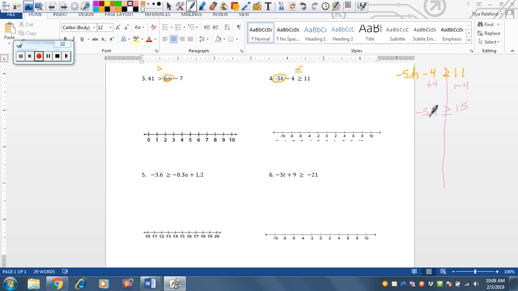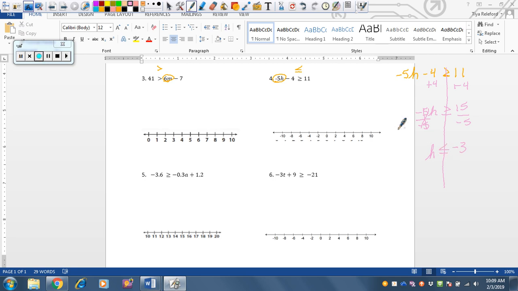I need to divide by negative 5. And I'm going to do that to both sides. When I do that, my alligator is going to flip the other way. 15 divided by negative 5 is negative 3. These two numbers are opposite, so they cancel out. So I'm left with h is less than or equal to negative 3.